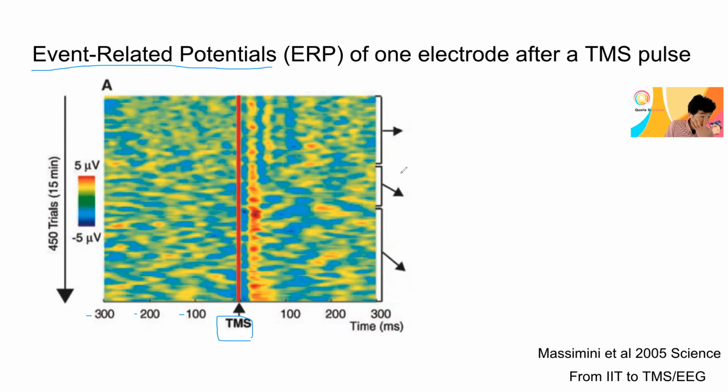This is going from trial 1 to trial 450 along the y-axis. The color indicates the voltage evoked by the stimulation, and it's smoothed across several trials, maybe tens of trials or so. Each particular point is the average across trials along the y-axis.